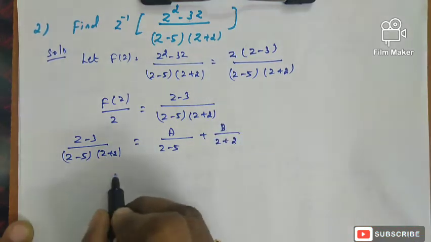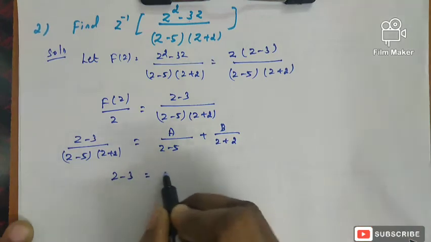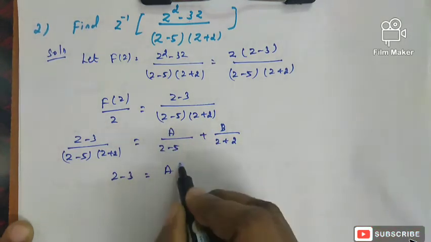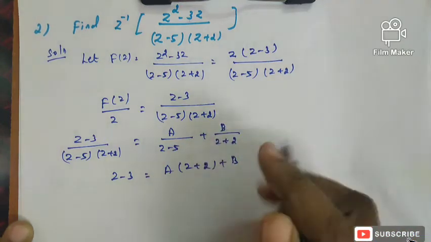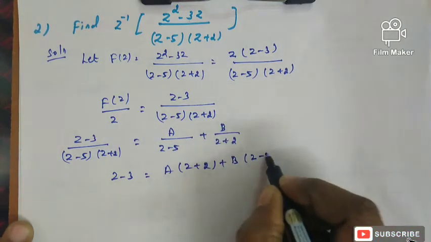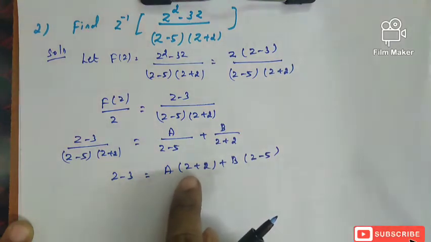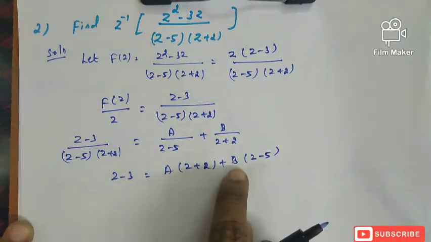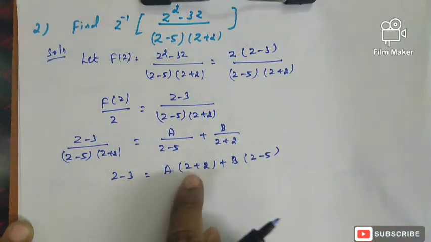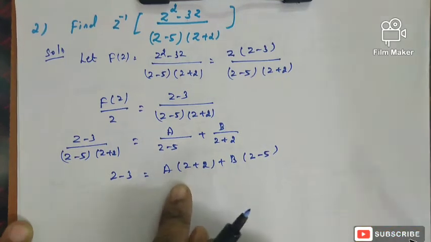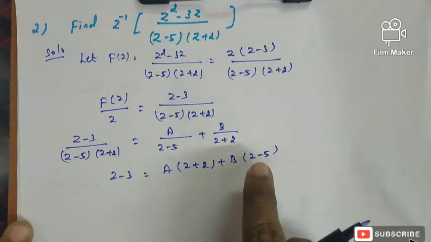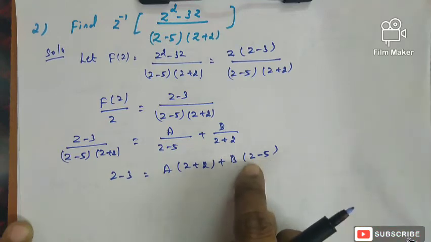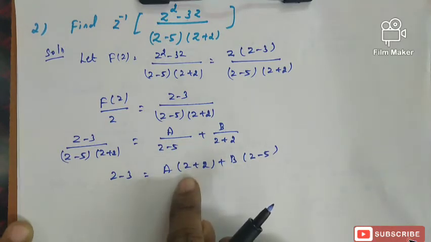Cross multiplying, we get z minus 3 equals a into (z plus 2) plus b into (z minus 5). Now we have to give values for z to get the values of a and b. We can give z equal to minus 2 to make this place 0; at that time we can get the value for b. If you give z equal to 5, this place will become 0; that time we can get the value for a.